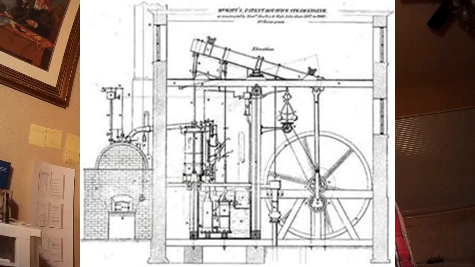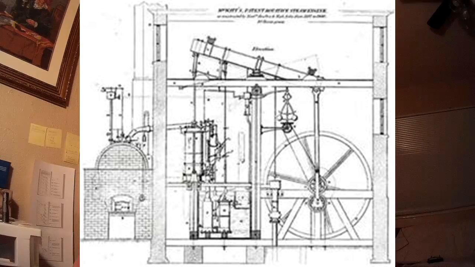How do I put this? So what does a steam valve do in a steam engine? Same thing as a valve does in an internal combustion engine. It opens to expel burnt gases, or it opens to let in a new charge of fuel, and closes when you need combustion.